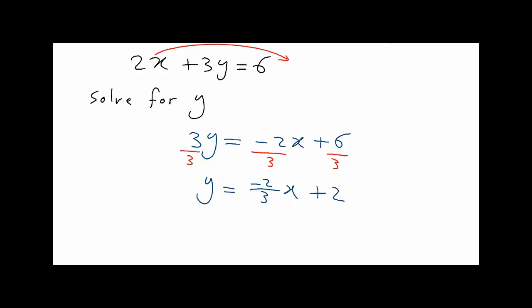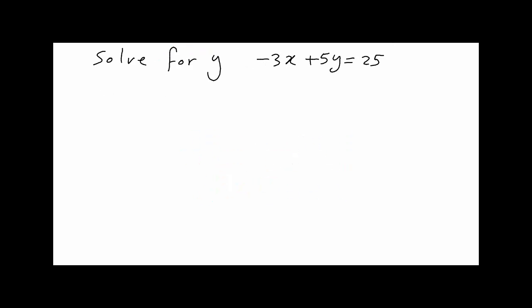Let us do another example. Solve for y: negative 3x plus 5y equals 25. The first step is to transfer negative 3x to the other side. The equation is going to be 5y equals positive 3x plus 25.